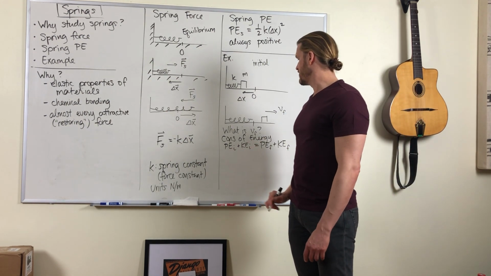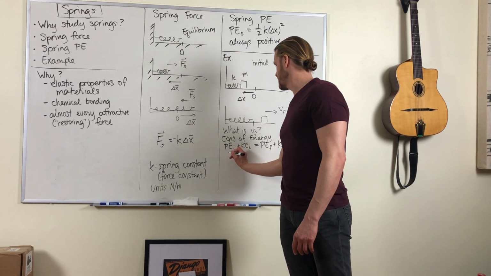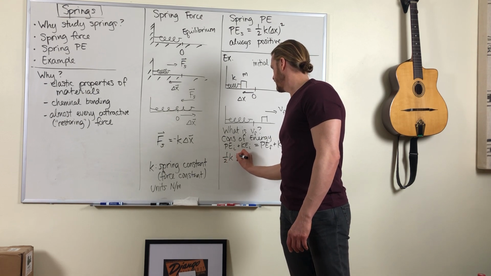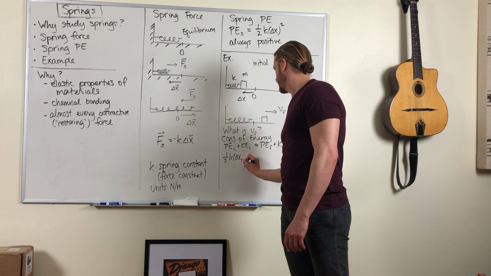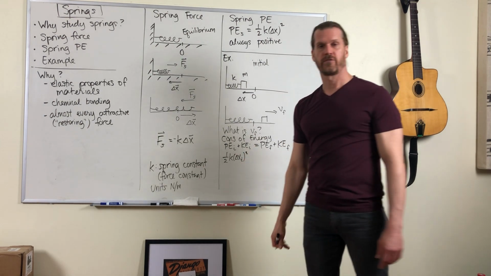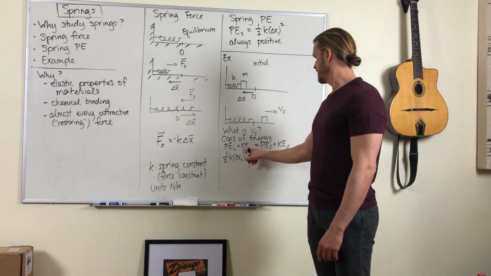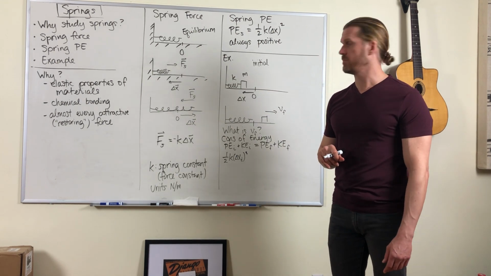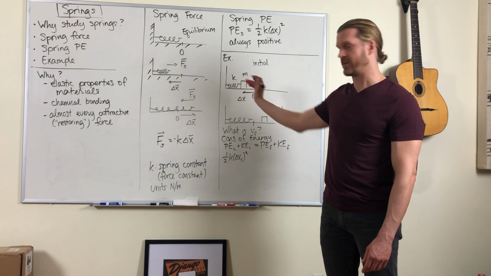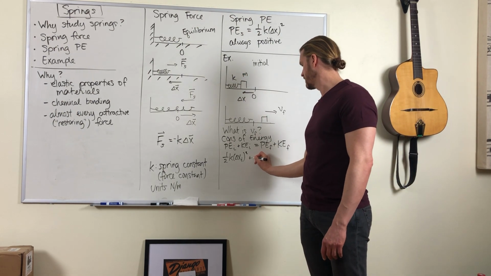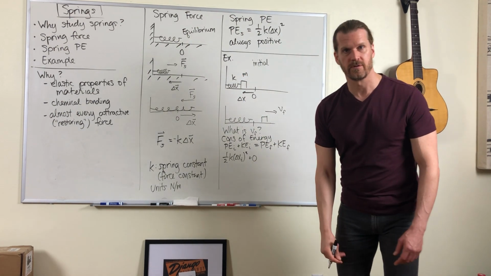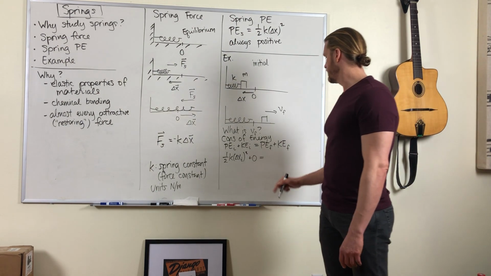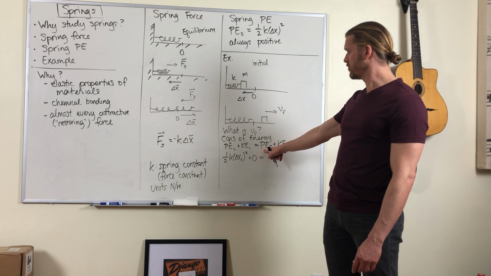So we've got our initial spring potential energy. That's 1/2 K times delta X initial squared. Initial kinetic energy, well, at the beginning, we're just holding everything in place. Nothing is moving. There's 0 kinetic energy at the beginning. And now, final potential energy.